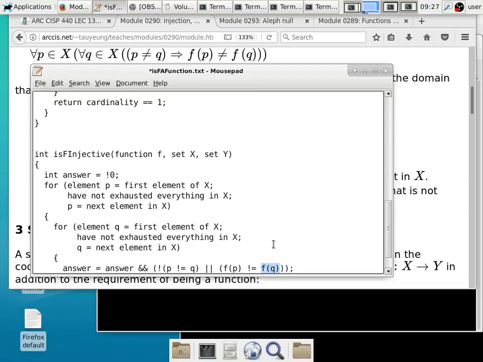But this is a literal translation of the mathematical statement. I just turned the mathematical statement into something that you can evaluate linearly or sequentially, but they mean exactly the same thing. Is this okay or not? Sort of.